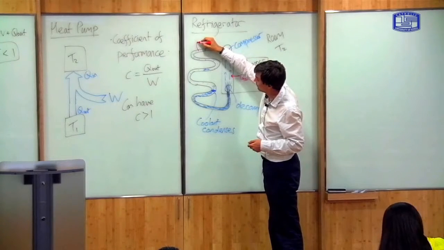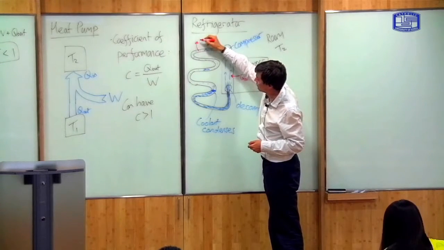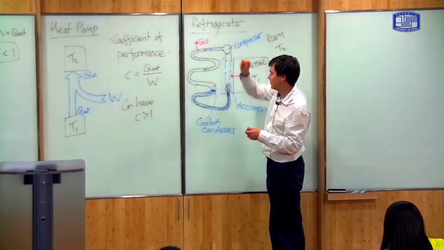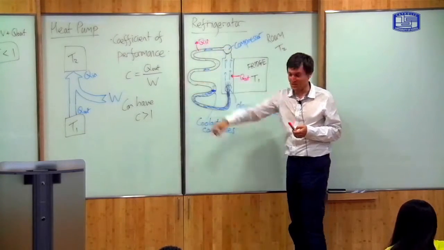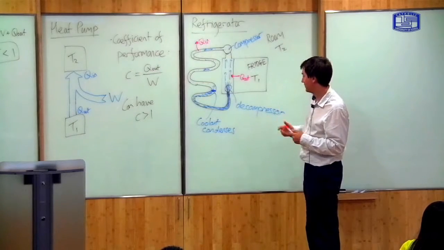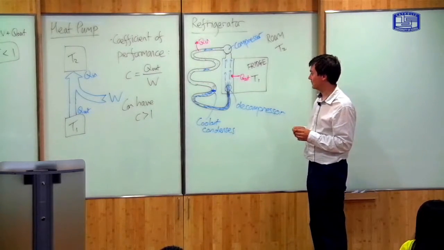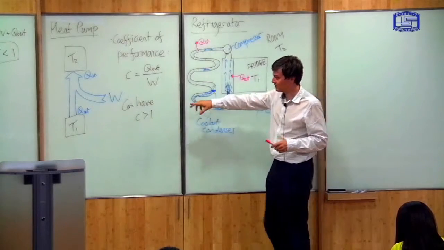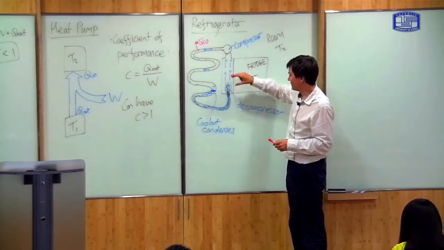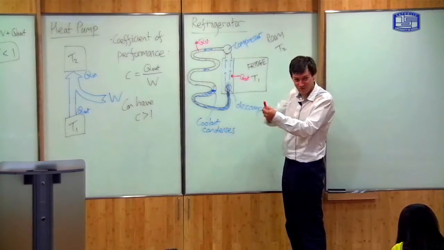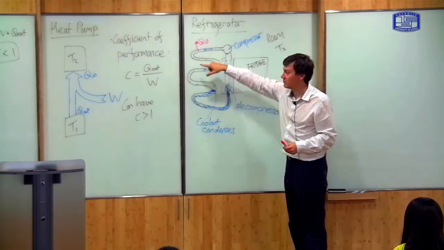So heat is taken out of the gas there, as I've labeled it there. And the work done, W here, is what drives the decompressor and the compressor. Right? You have to do work to pump up the pressure of the gas here.